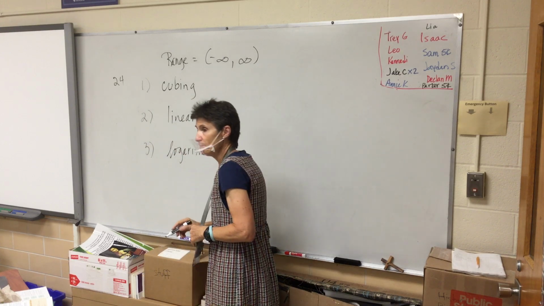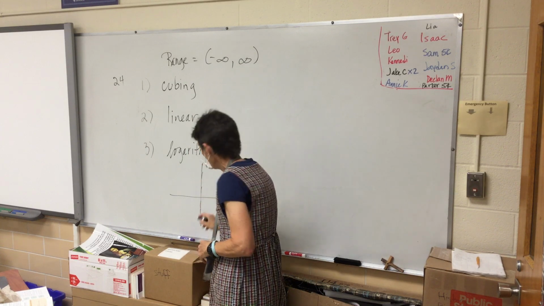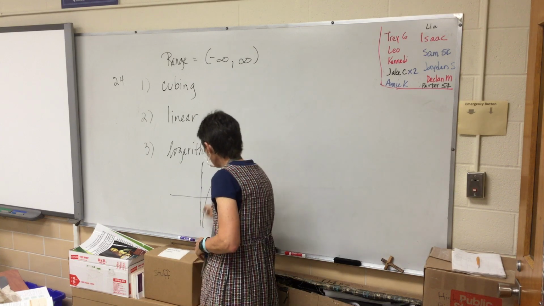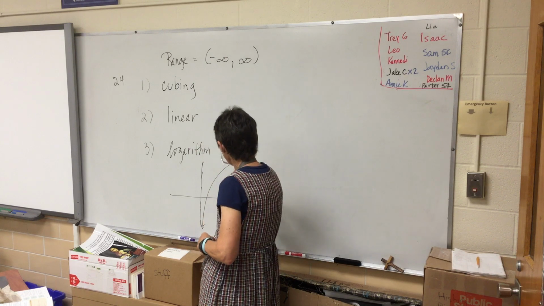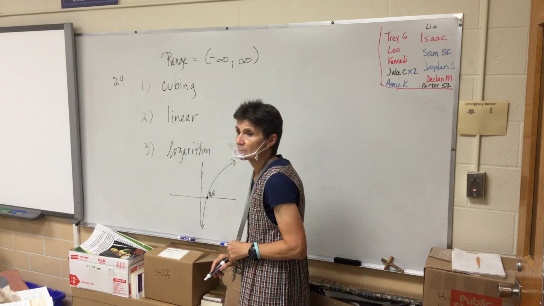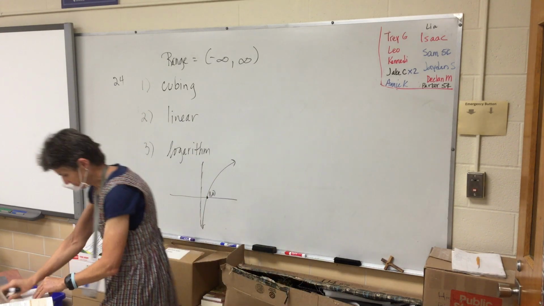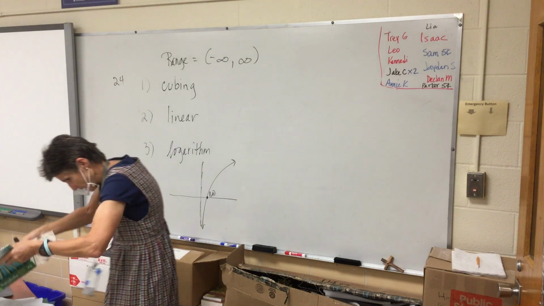Remember, the logarithm has an asymptote here, but it goes like this. So all the way down, all the way up, and no breaks in it. No vertical breaks in it. Okay, that's pretty easy. All right, let's see, how far did I go?